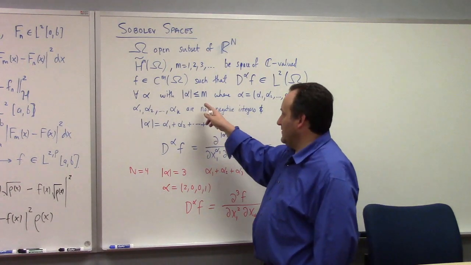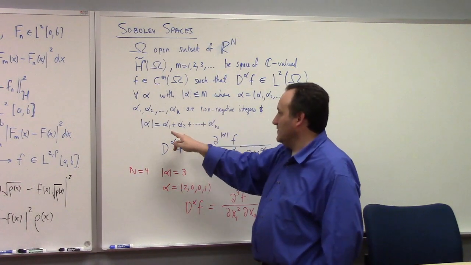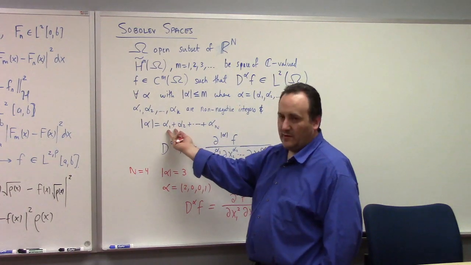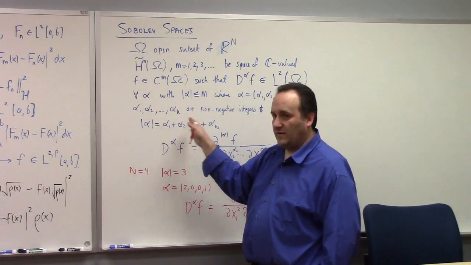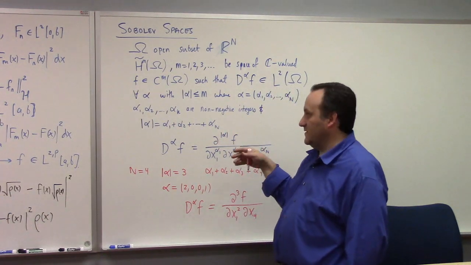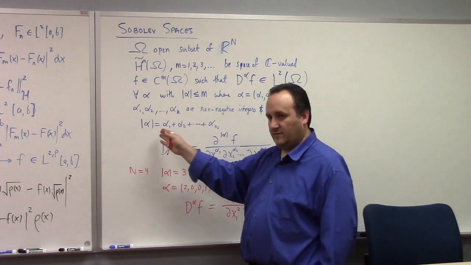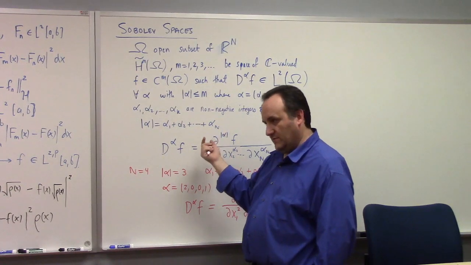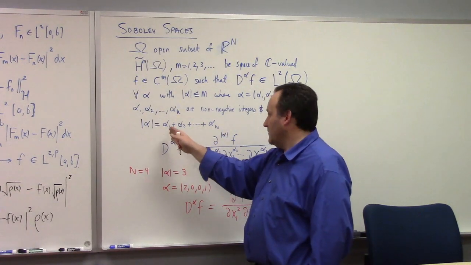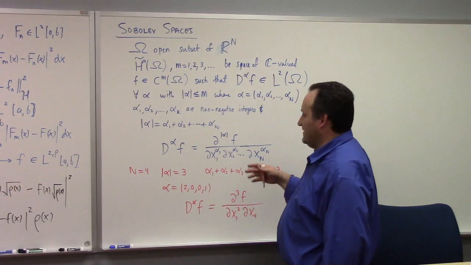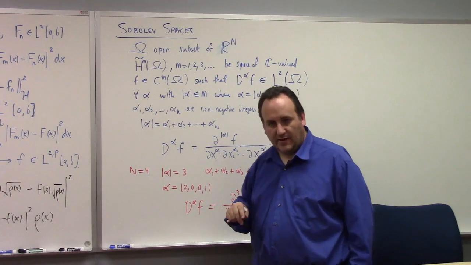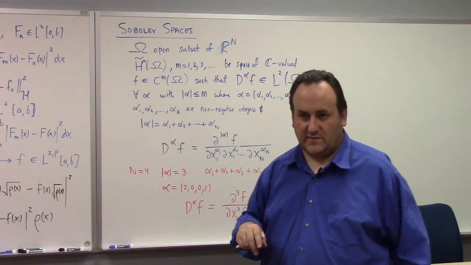When m equals 2, you could have two of them be 1, giving a mixed partial, or one of them be 2 and the rest 0, a pure second partial. When you get to 3, you could have a triple mixed partial, or an order 2 with an order 1, or just a simple order 3. This notation covers all of those different combinatorial cases at once.